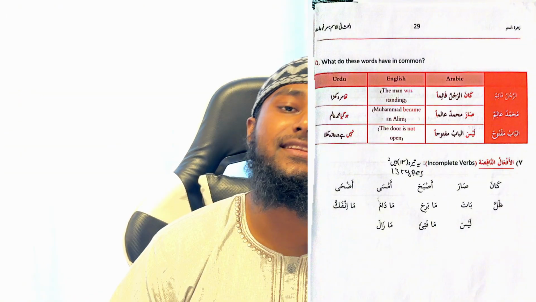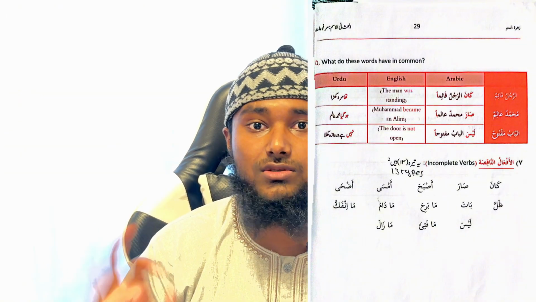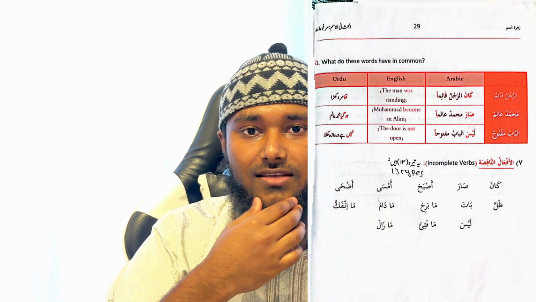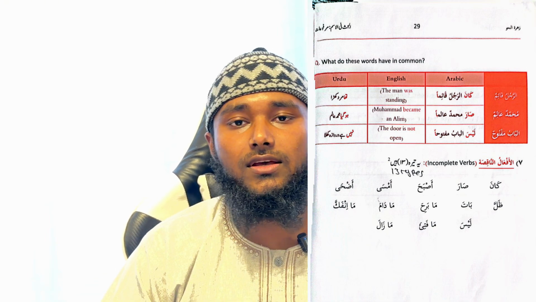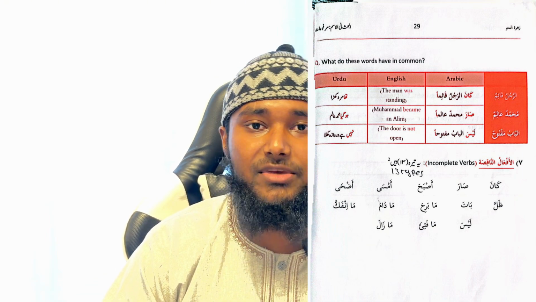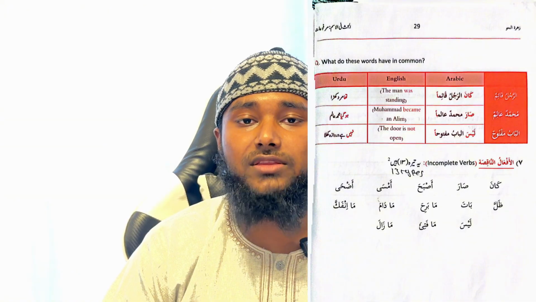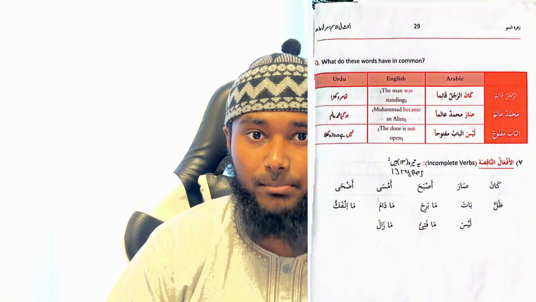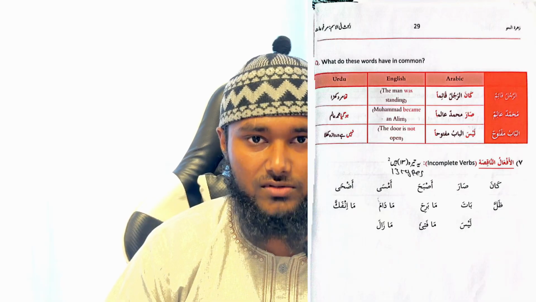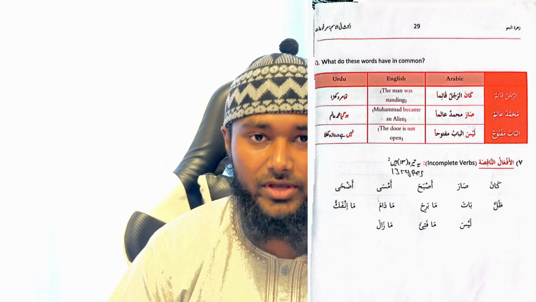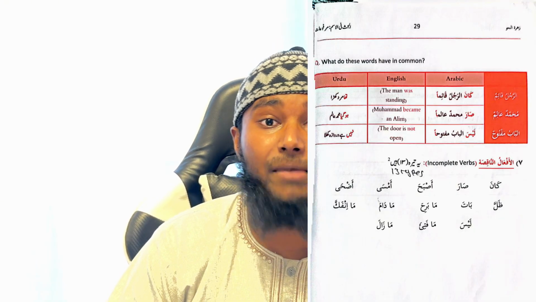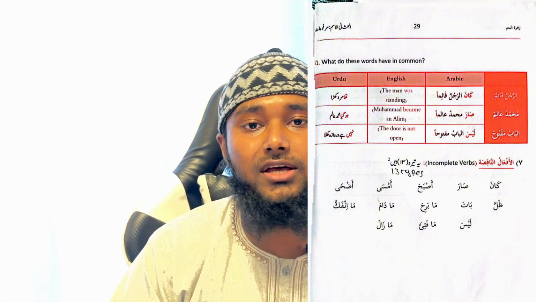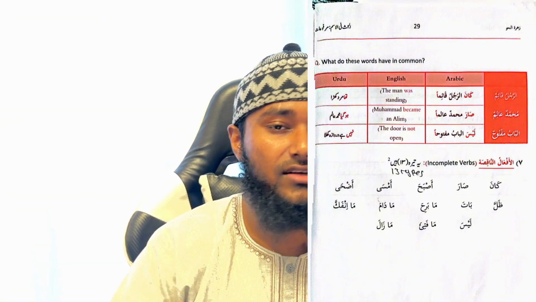When you bring laysa into the sentence, laysa means not, then like I mentioned earlier, it's going to make the khabar switch from the rafa' case to the nasab case. So from dhamma to fatha, in the most common way of recognizing it, and it's going to keep the mubtada, which is al-bab, in the rafa' case.